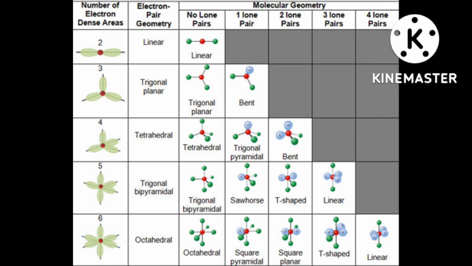The theoretical basis of VSEPR theory regarding the effect of electron pair repulsions on molecular shapes is not clear and continues to be a subject of doubt and discussion.